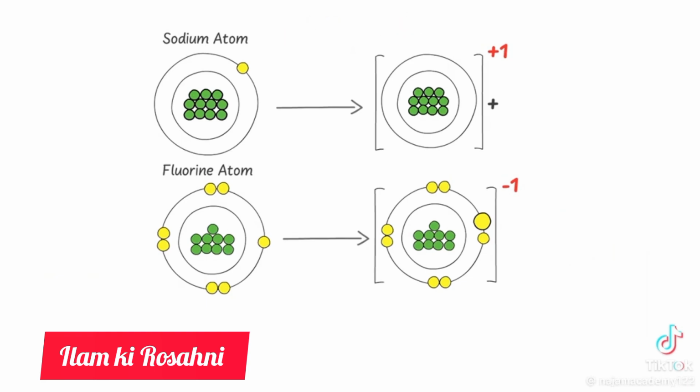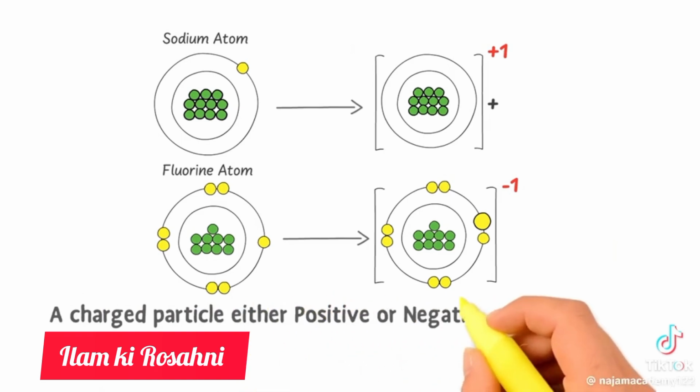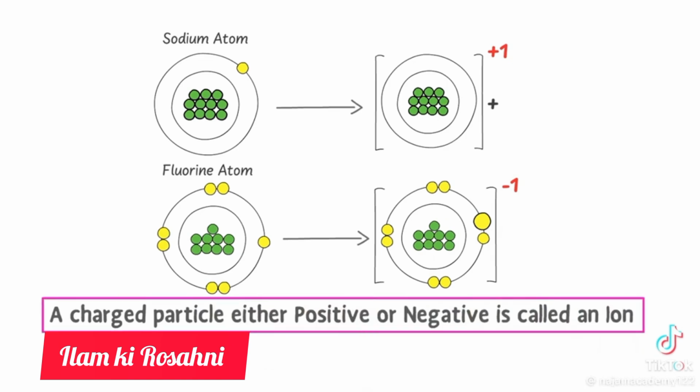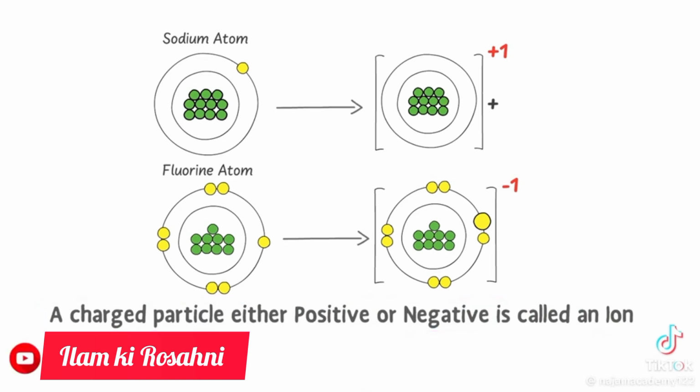In chemistry, a charged particle, either positive or negative, is called an ion. Let me repeat it. In chemistry, a charged particle, either positive or negative, is called an ion. So when a sodium atom loses one electron and becomes positively charged, we call it a sodium ion.